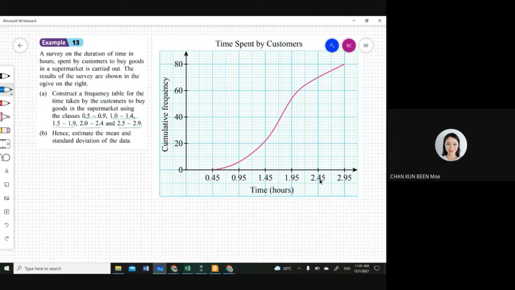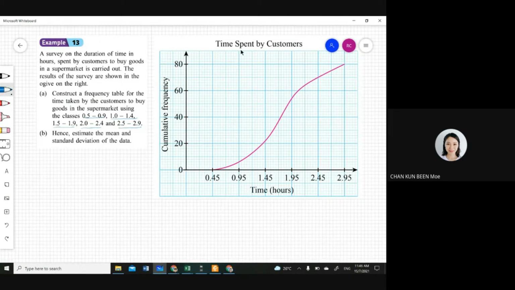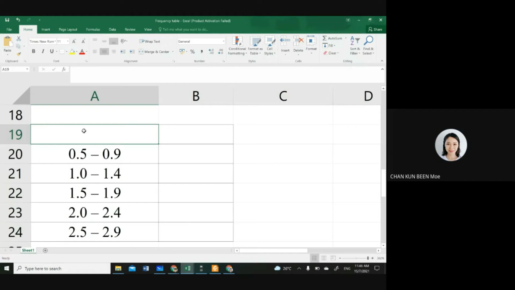So you can see the boundary over here. After that, this is the cumulative frequency, time spent by customers. Now, for the classes 0.5 to 0.9, what do they represent on the classes over here? What should I write? This one for sure is a frequency, right?